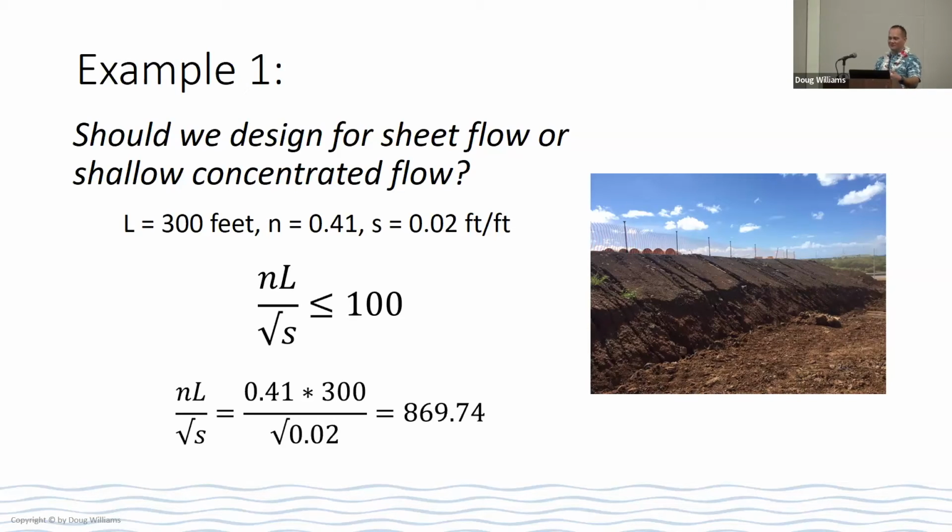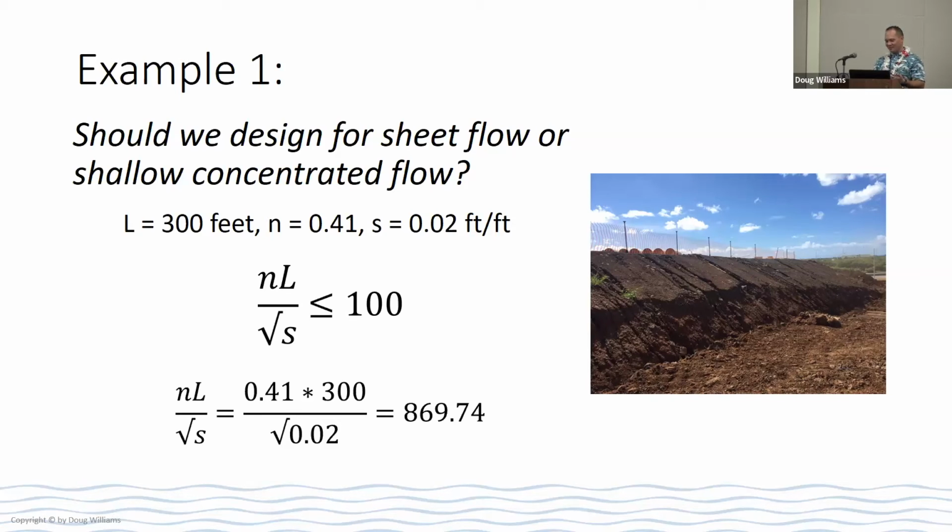We know our roughness coefficient, 0.41. I think that's like Bermuda grass or something like that. And 0.02 foot per foot of slope. So plug those numbers in and we get to about 870. So in that situation, we know we need to plan for shallow concentrated flow. We're not just dealing with sheet flow.